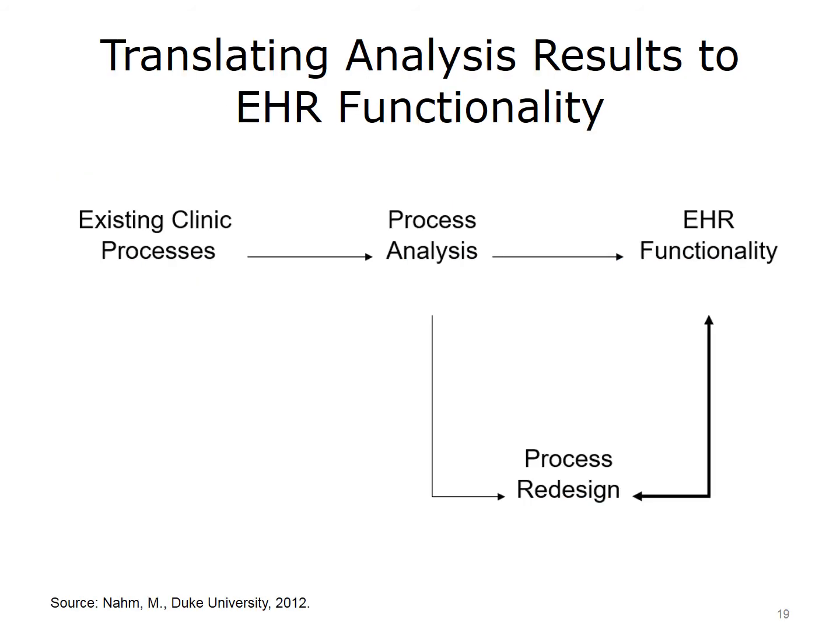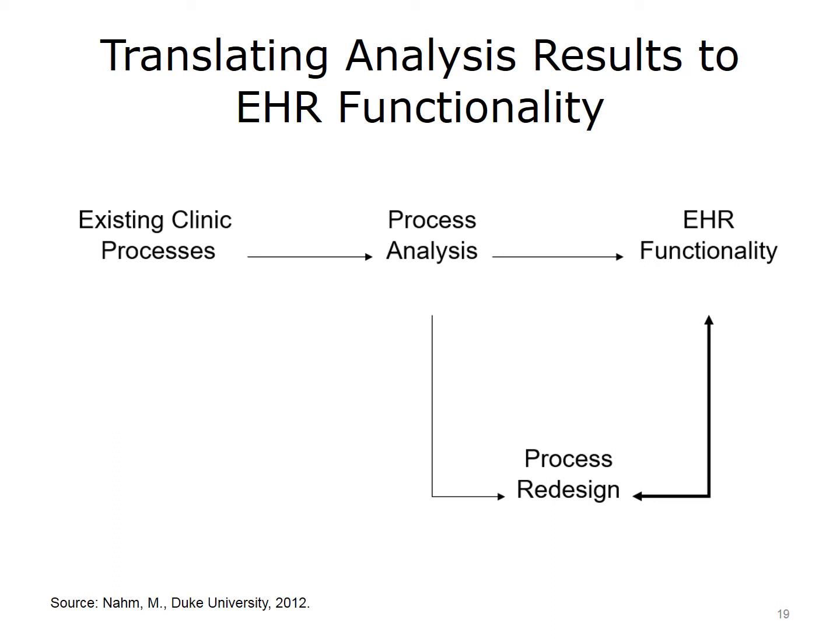Some of the information gained from process analysis translates directly into EHR functionality. For example, the process variations, flow control between variations, and handling process exceptions. This is the information that we have covered thus far in this slide set. Often there are opportunities to make process changes, including leveraging technology.